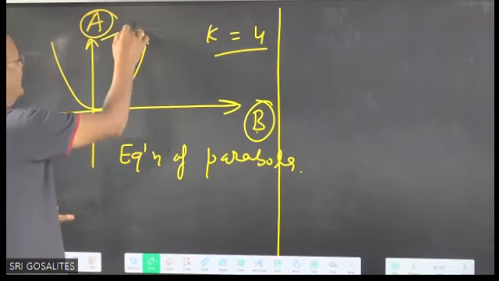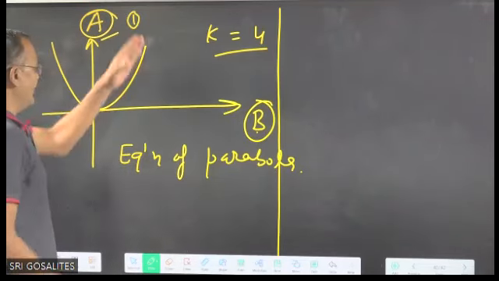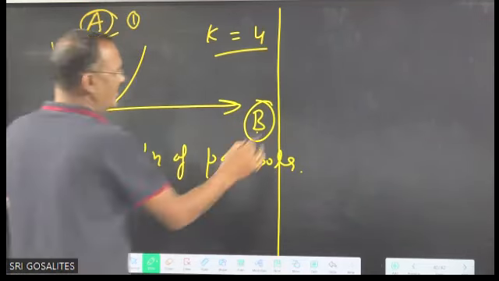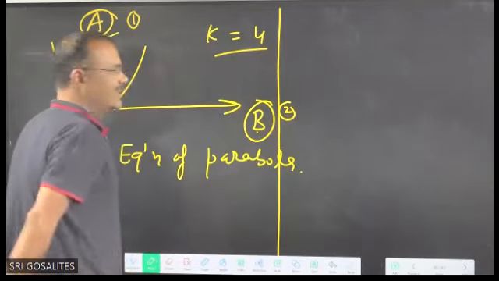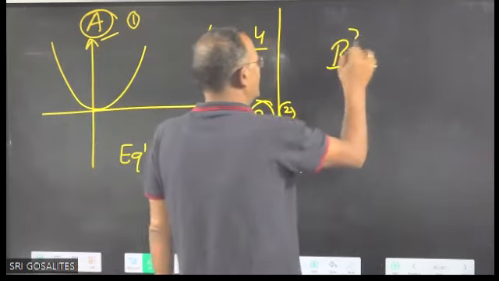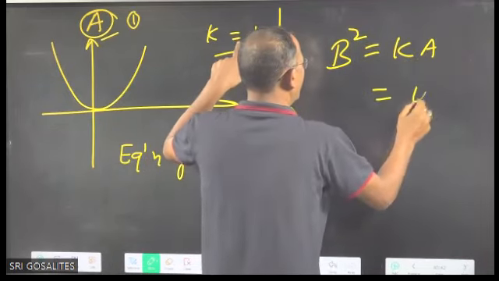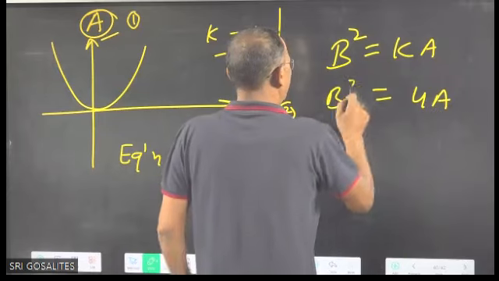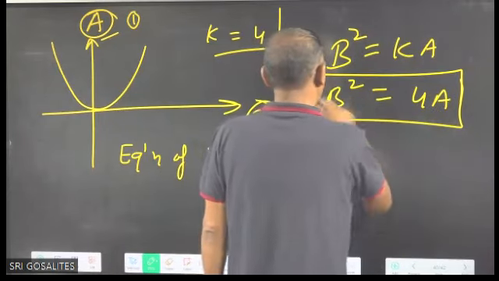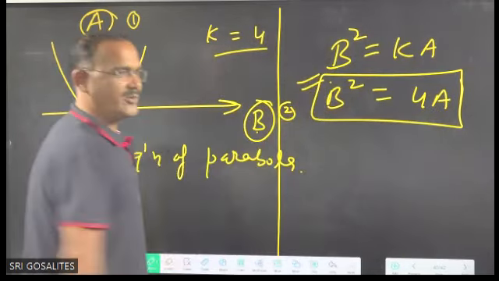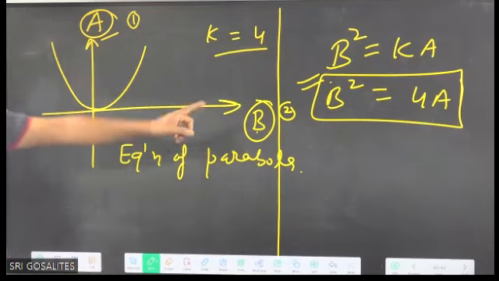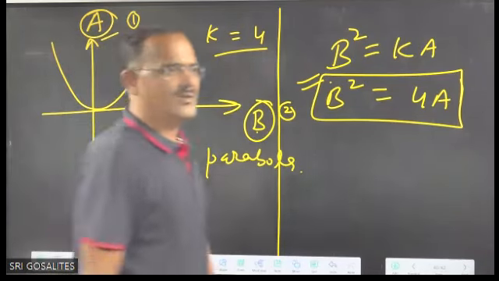So the order of A will be 1 because it is symmetric with the A axis, and the order of B is 2. So B square is equal to K A. What is K? This one. So the equation of the parabola is B square equals 4A. Any problem to anyone? Copy this, please.